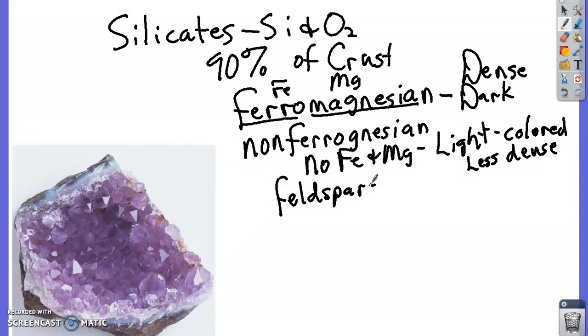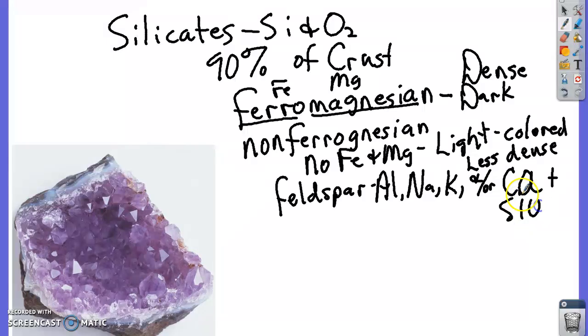Feldspar contains either aluminum, sodium, potassium, and/or calcium plus silicon oxide. And so they make up about 50% of the crust. That means it's about 40% up here with the ferromagnesium.